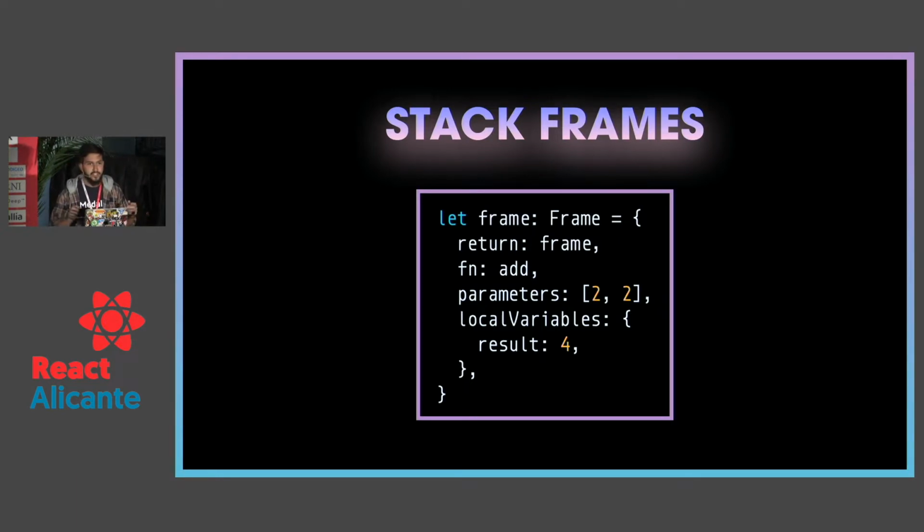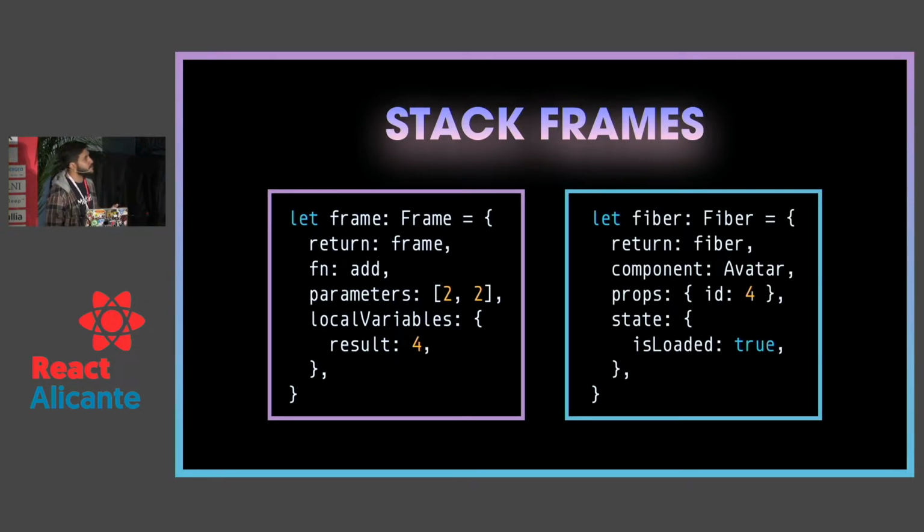If we were to trace something like a parallel into the world of React for a component, we could have this structure that we're going to call a fiber, and we would have something similar. We would have a return. Instead of the function, we would have our component, which a lot of times happens to be a function. Instead of parameters, we have props, and instead of the local variables, we have a local state within the component, for example.